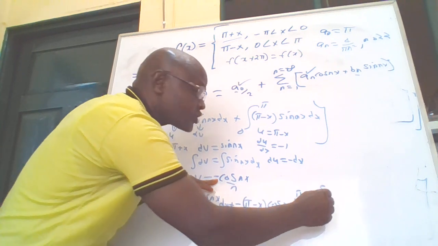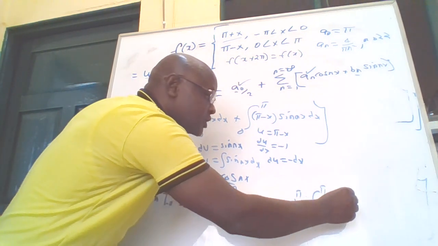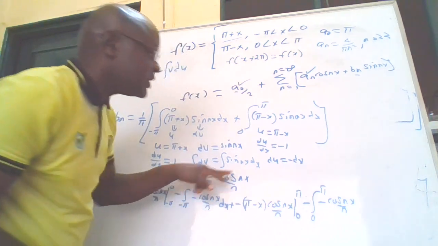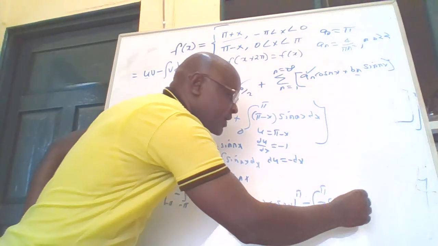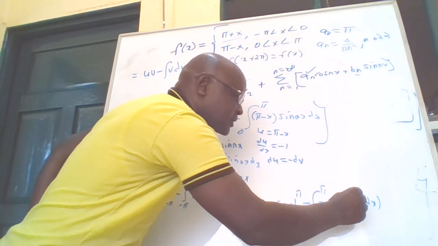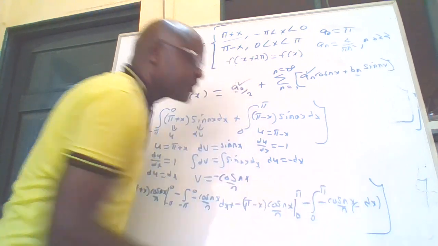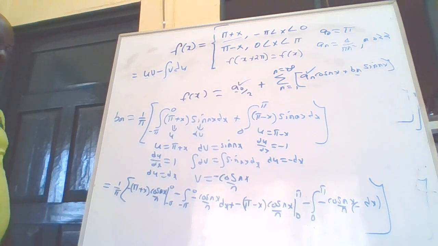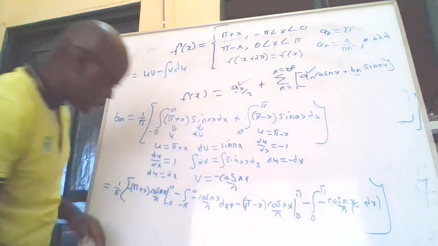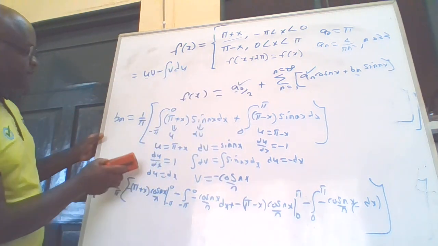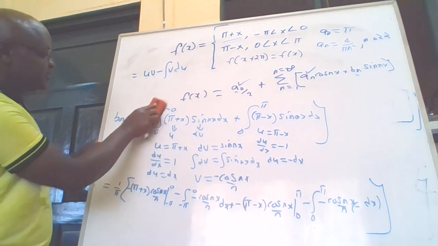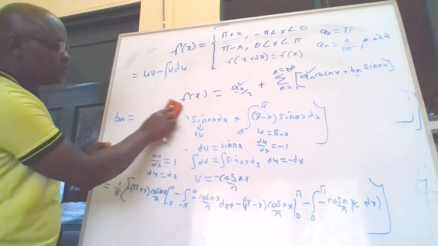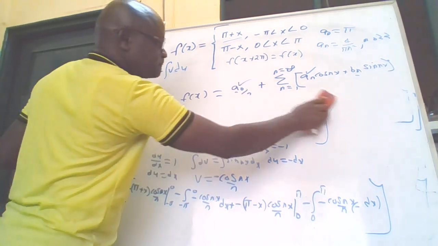My v is minus cos nx all over n, du is negative, so I have minus dx. So you need to be very careful with the sign. Once I have written this, we can now move on.